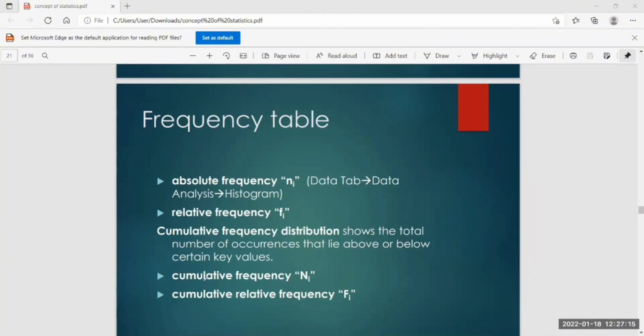Cumulative frequency is big letter N, and cumulative relative frequency is the big letter F. That means this is the universe or the population, and the bigger frequency is the entire frequency of the whole population. What you chose, the sample size, is small letter n, and the frequency of the small letter n is the small letter f.